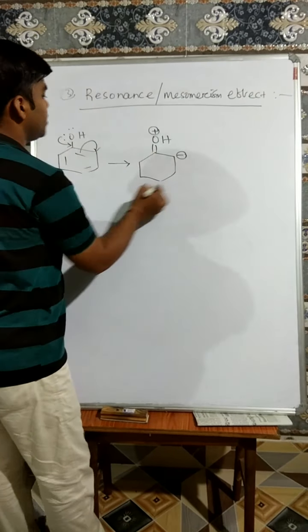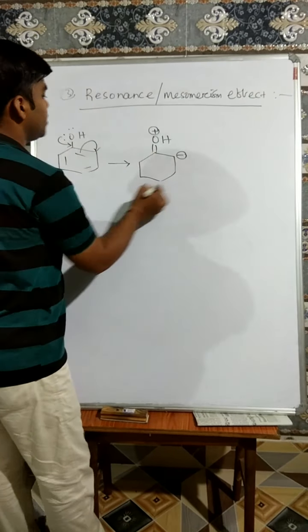Here one lone pair of electrons is lost from the oxygen atom, so oxygen gets a partial positive charge, and the pi bond is shifted towards this particular carbon atom. So this carbon gets a partial negative charge, and then if we shift or localize the pi electrons in a cyclic way, we obtain the following structures.